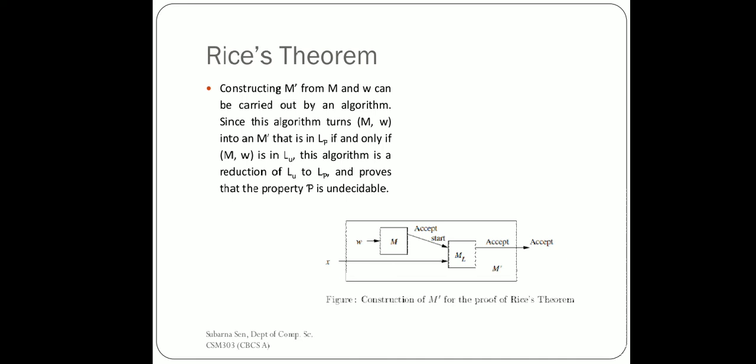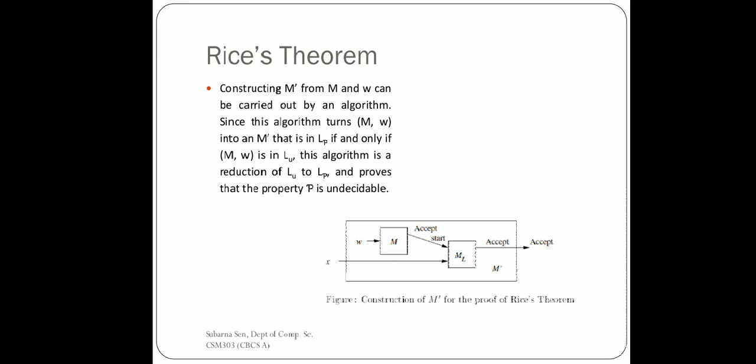Then you can say that M dash is mimicking LP, satisfying a non-trivial property. If W is not accepted by M, what will happen? Then it will accept the empty language, and that is not the property we were waiting for.